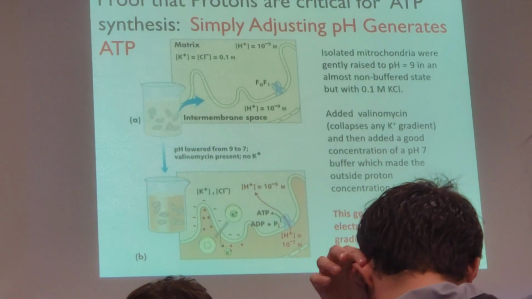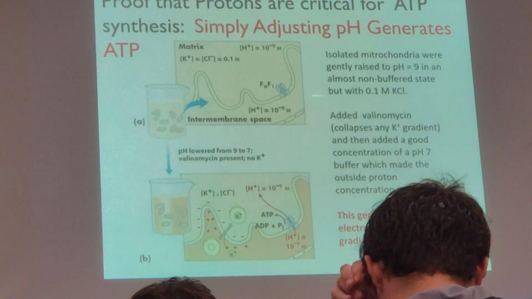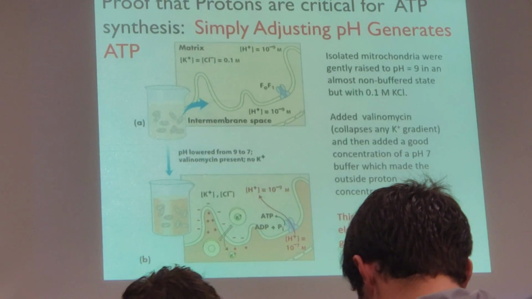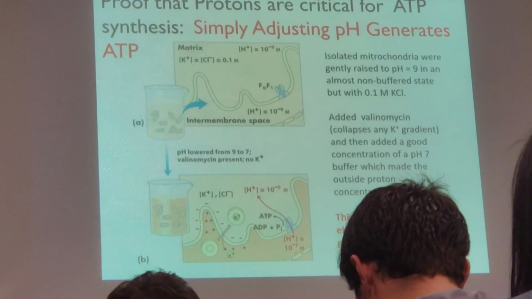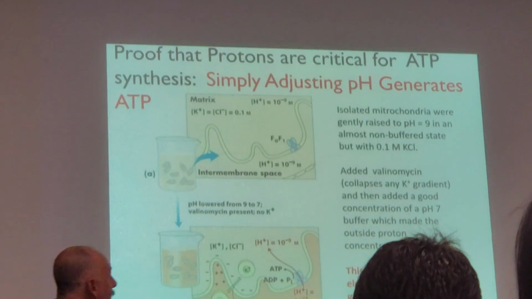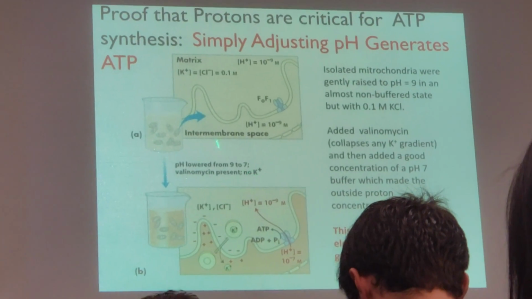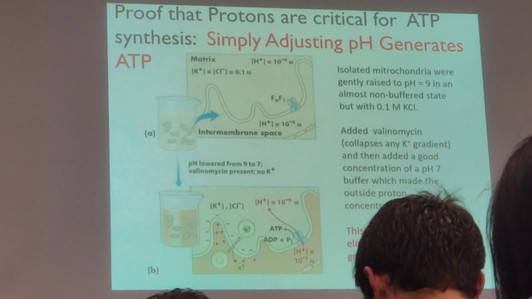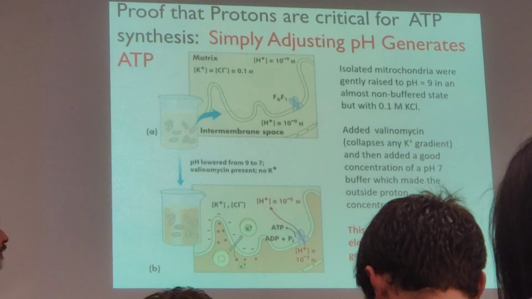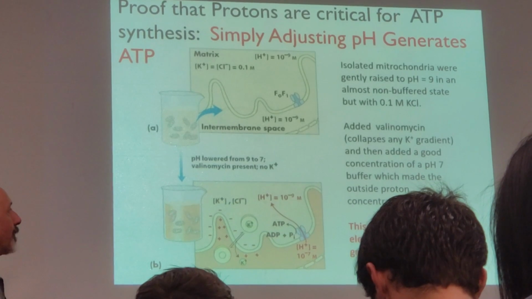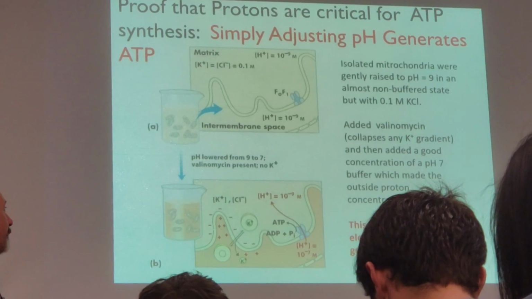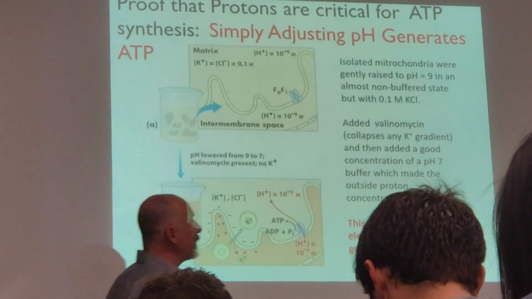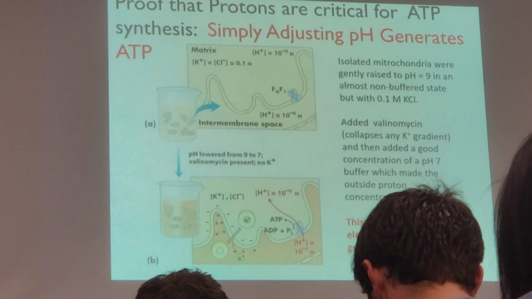They raise it to a given pH 9, and they basically put this in more or less pure water, so really an unbuffered solution. And then they add a chemical called valinomycin. What the valinomycin does is actually punch holes in the membrane. So basically, it collapses any potassium gradient. And then they can just add protons to it to poise outside versus inside.